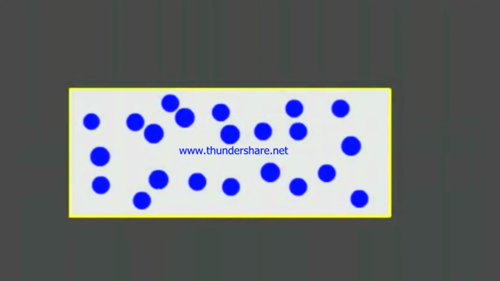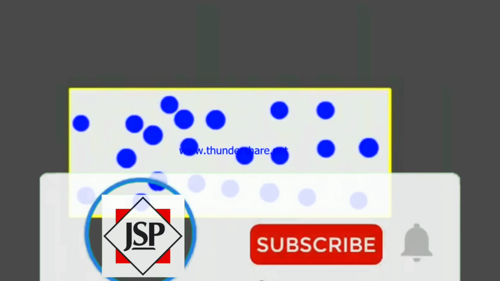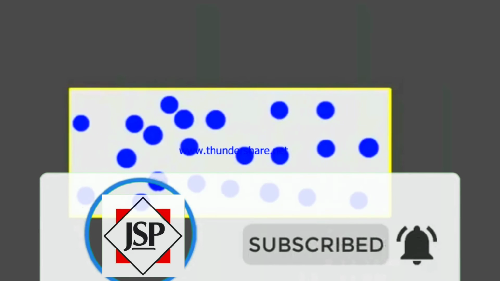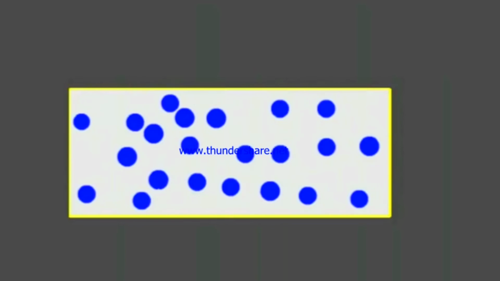Electric current results when charged particles move in one direction. The blue dots represent the charge carriers, of which electrons are the most common. In metals, there are very large numbers of electrons which move easily. Due to the thermal energy of the metal, they vibrate rapidly in all directions.